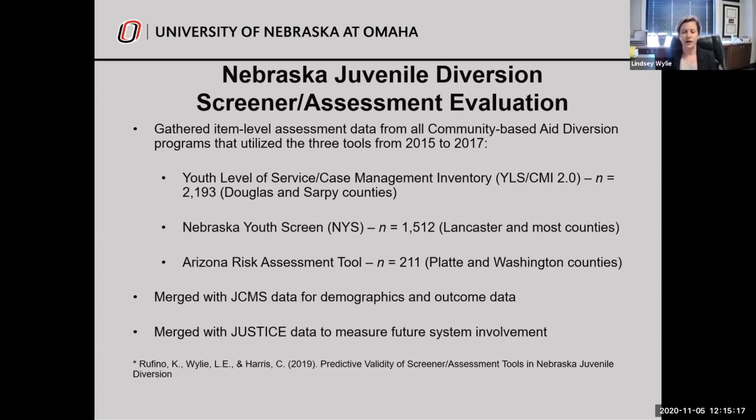And then we merged that with justice data, which is the trial court database that keeps track of all cases that are filed in court. When we do this analysis, we get the data directly from justice, and we are able to look at both sealed and unsealed cases, which is really important in this work, because if you don't look at the sealed cases, you'd be missing at least, I think, 50 to 60% of the recidivism data.